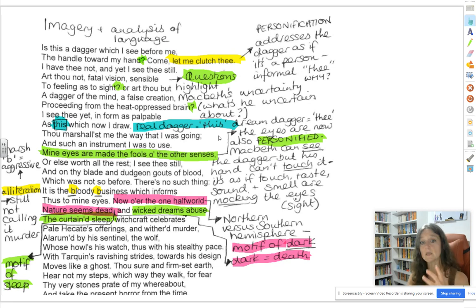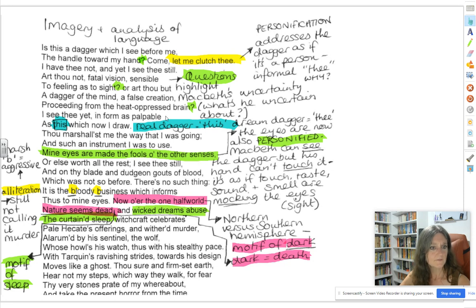Could it be because he thinks that the dagger is a vision that's been created by the witches? Could that be why he's personifying it? Is it because he thinks it's a message from the fates? So something which in his mind does take human form? Maybe. I don't have a right or wrong answer to that. I think it's something that you could argue yourself.